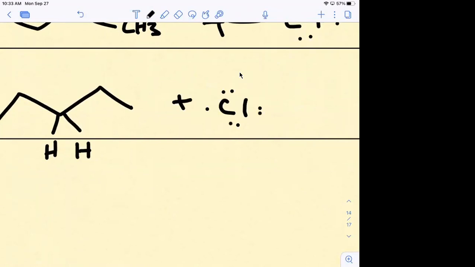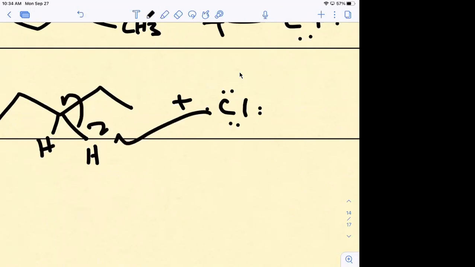Is there anything new under the sun here? Is it going to all of a sudden become polar and use a double-headed arrow instead of a single-headed arrow? No. Nope, won't happen. Same process.